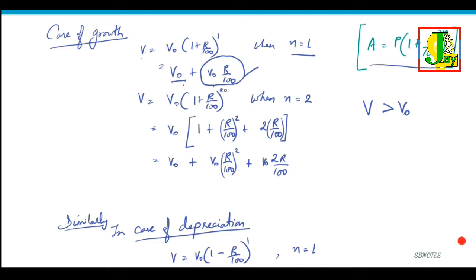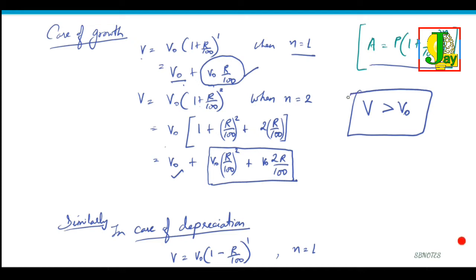And if we increase the power, say N equals 2, then applying the expansion of (a plus b) whole square, we get this value, and again opening the bracket, you get the original amount along with this term. Again you are adding some amount to the original amount to get the final amount, and hence the final amount is larger than the original amount.